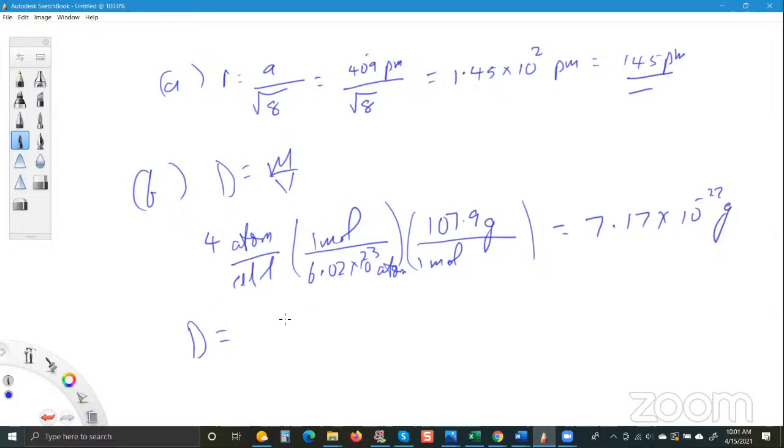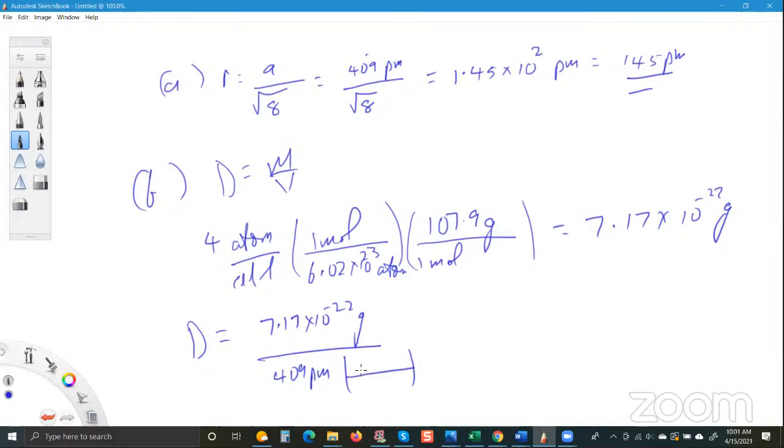And then we do the density calculation. Density is equal to the mass, which is what we just calculated, 7.17 times 10 to the minus 22 grams, divided by the volume, which is 409 picometers cubed, but we have to convert that to centimeters.